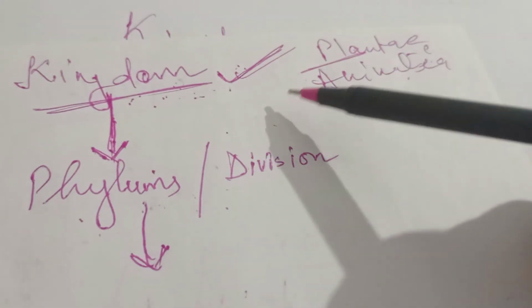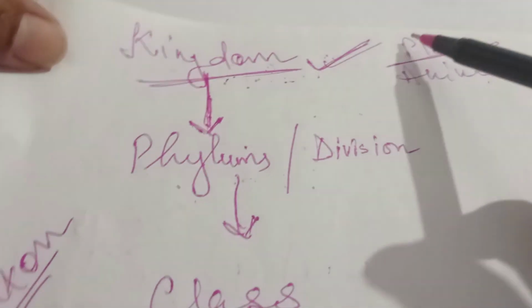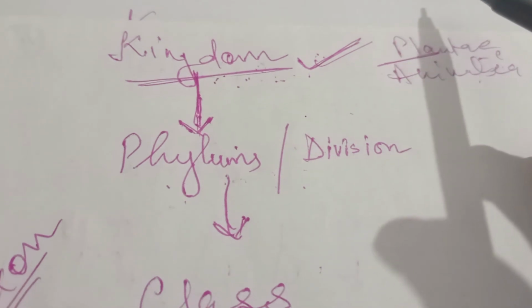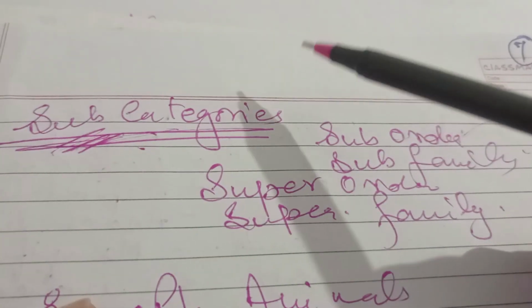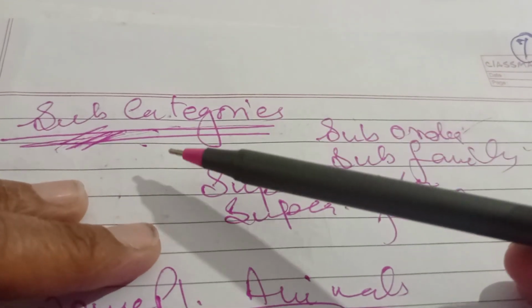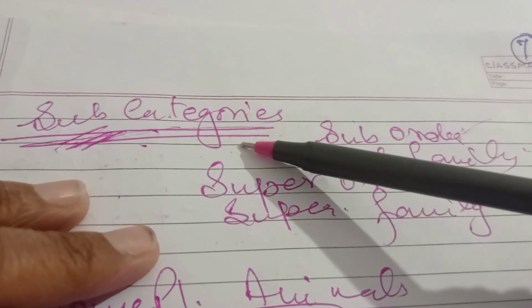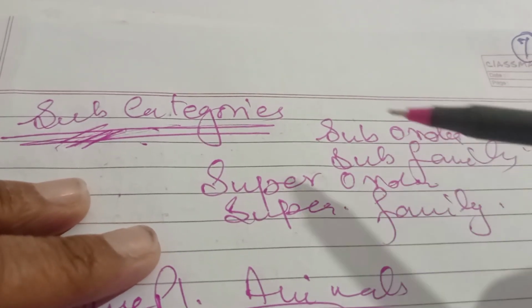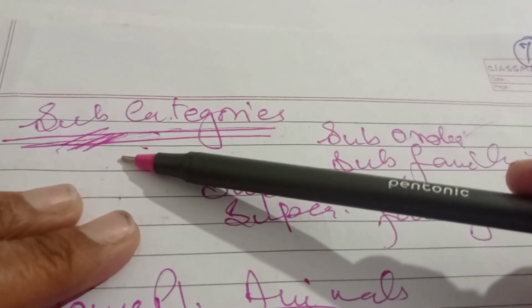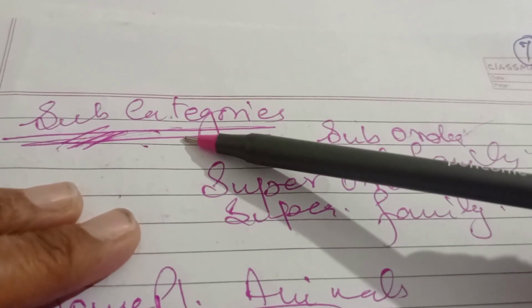Now what happens in some organisms, because of so much diversity and complexity, some categories have been divided into subcategories. Some categories such as class, order, family are divided into smaller categories known as subcategories.